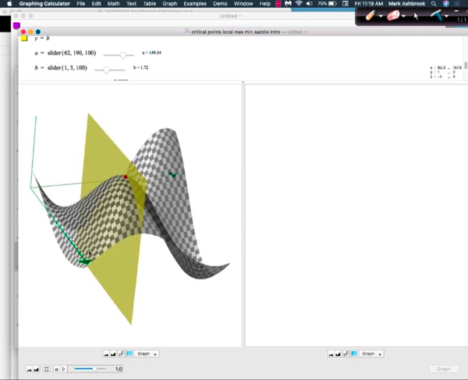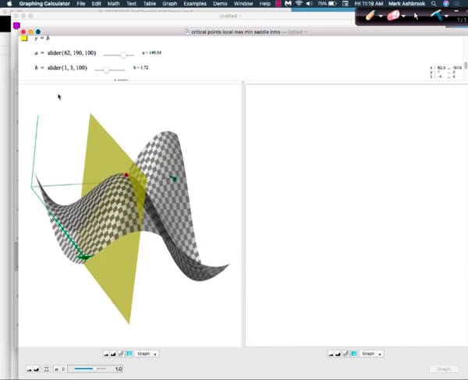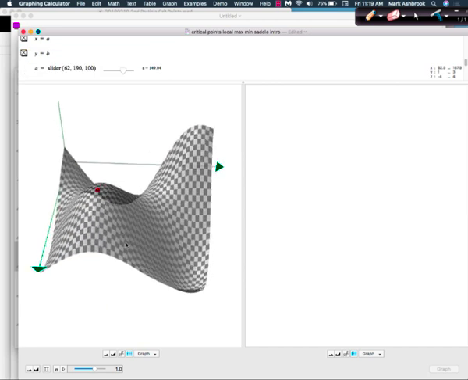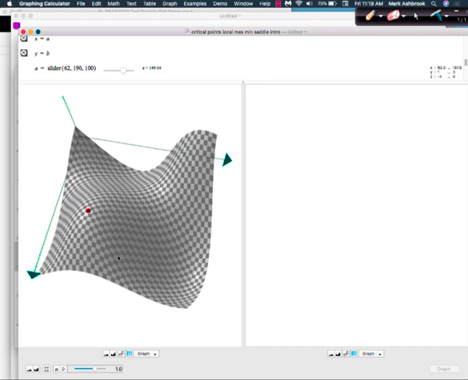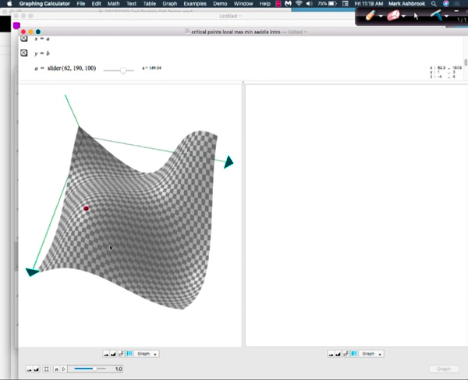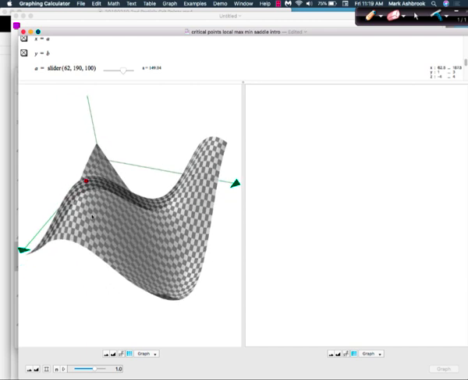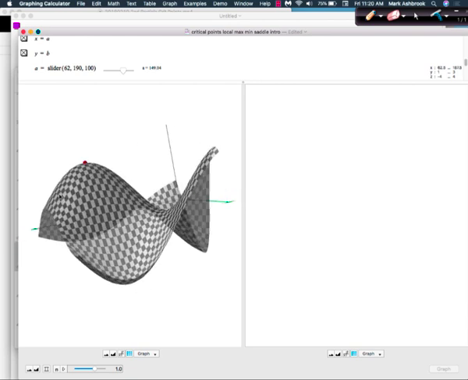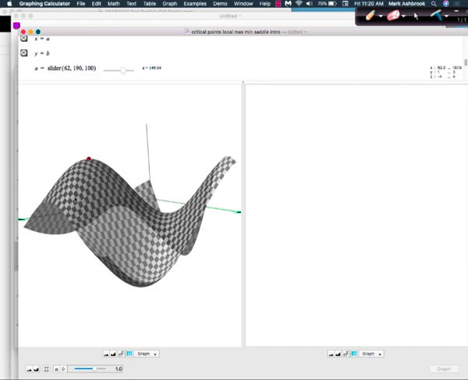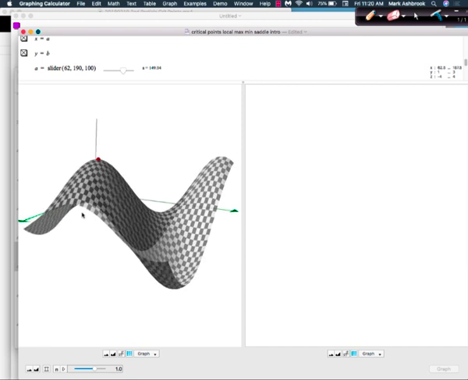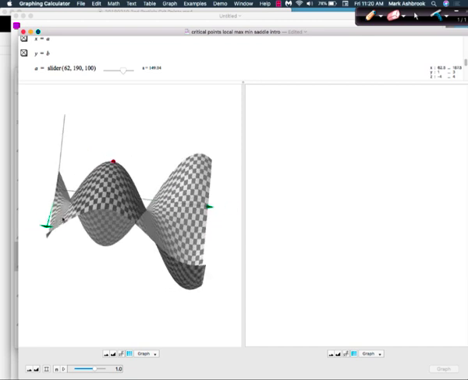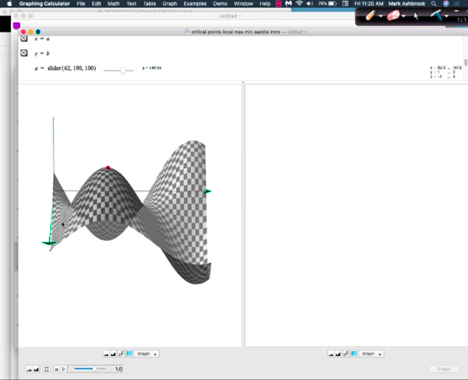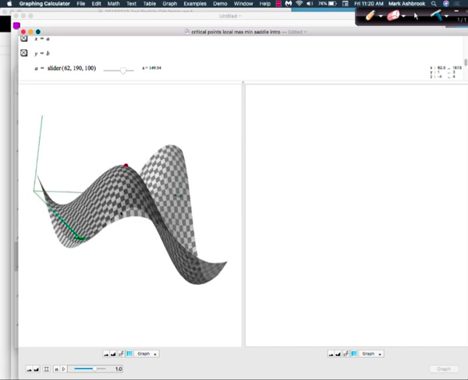First derivative with respect to x is 0. Z doesn't change for a small change in x. First derivative with respect to y, also 0. And as a result, we have what? Both the first partials with respect to x and y are 0.